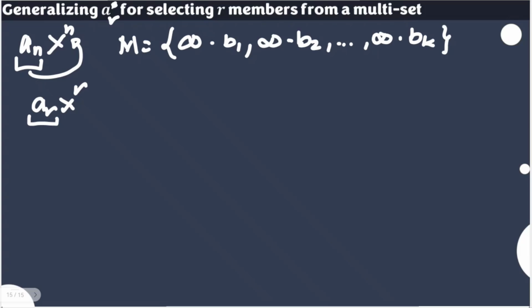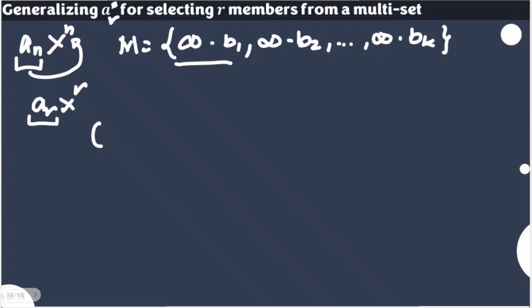So how did we do this previously? In our previous example, again, please try to review that, we used the generating functions for each of the given items in our multi-set. So for example, we have here b sub 1, and there are infinitely many. We can write the infinitely many b sub 1 using this given sequence, or generating function.